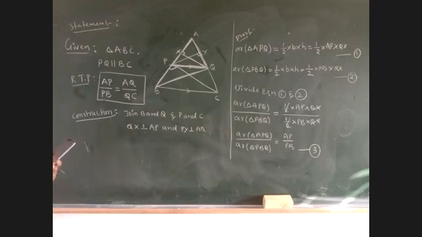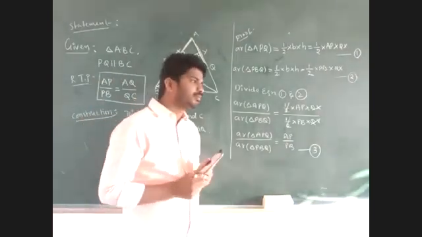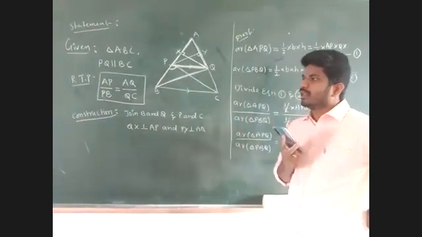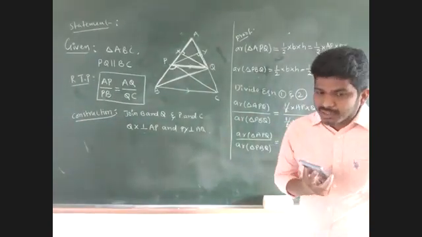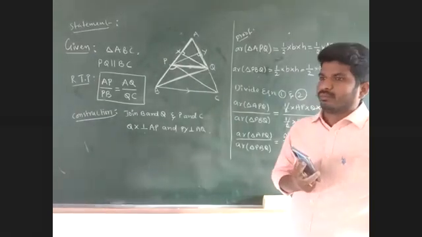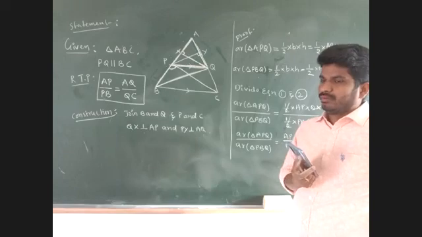If a line is drawn parallel to any one side of a triangle, then that line divides the other two sides in the same ratio. Completed?